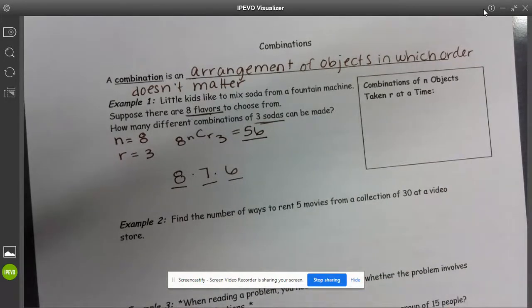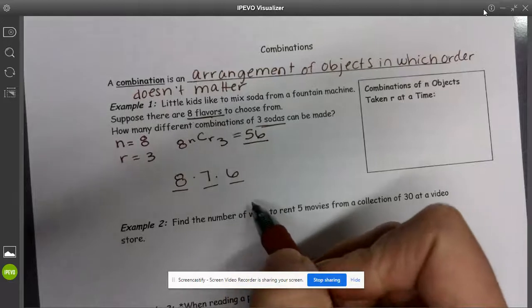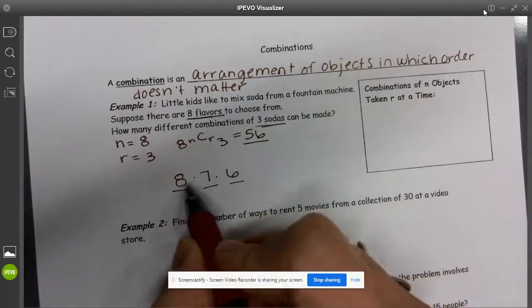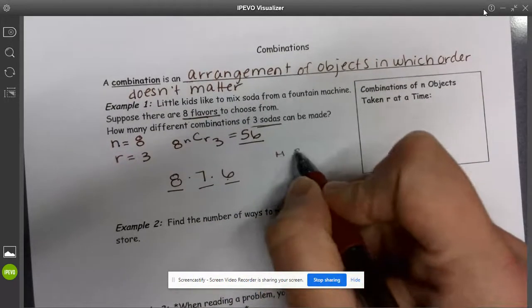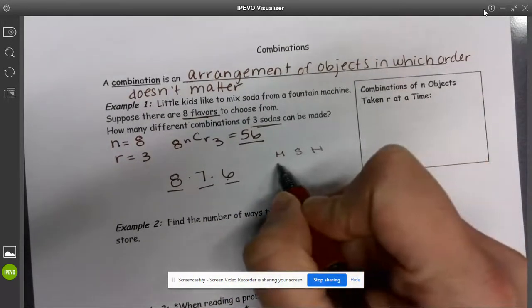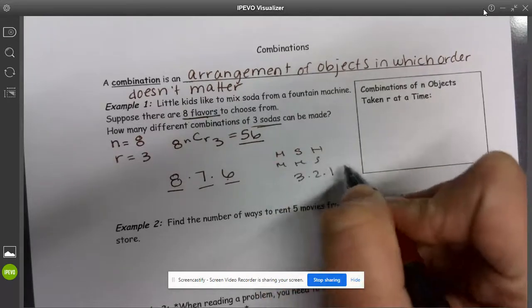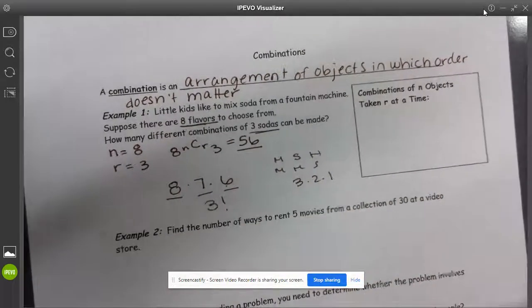But we're removing not only that 5, 4, 3, 2, 1 way, but we're also removing these 3. So if I have Mountain Dew, Sprite, High C, Mountain Dew, High C, Sprite, this 3, 2, 1 way doesn't count anymore. So we have to remove that 3 factorial as well.